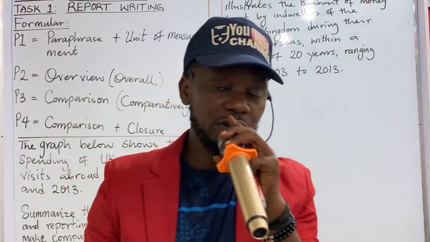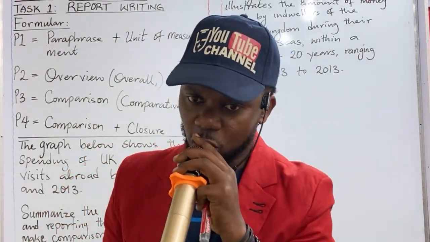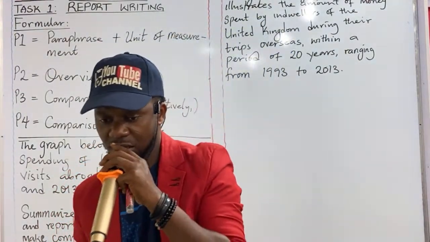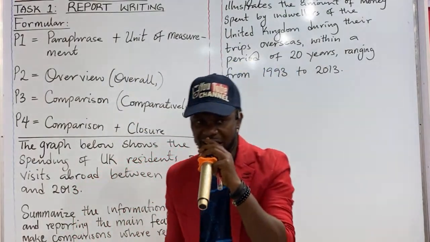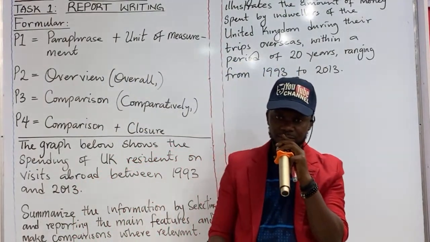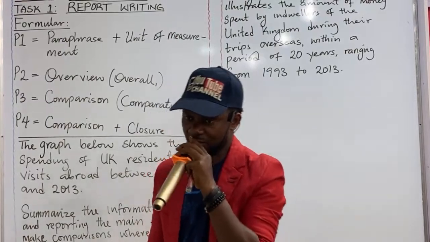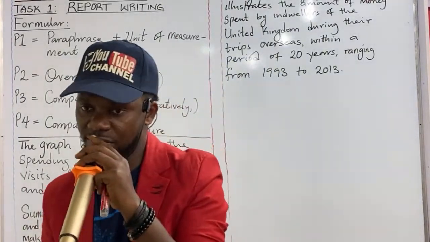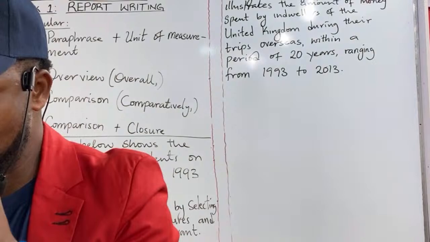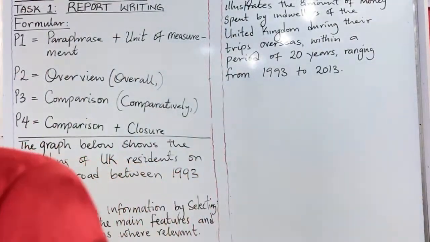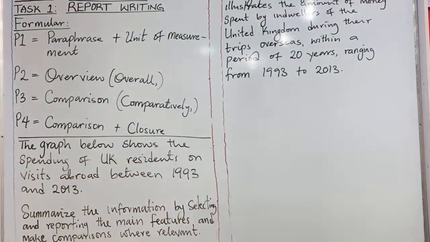It could be kilograms. It could be kilometers. It can as well be tons, hectares. It can be acres. It could be anything. You just need to look intently to identify what the unit of measurement is.